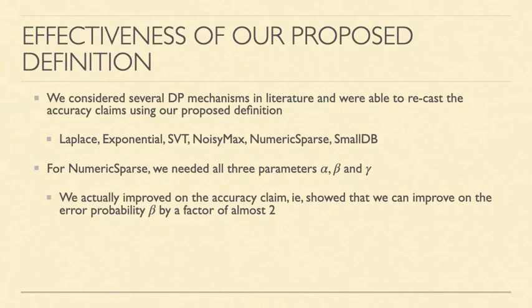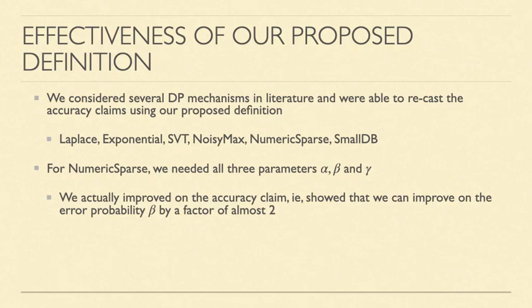Okay. And in fact what we did was we looked at several DP mechanisms and were able to show that the known individual accuracy claims for these mechanisms can be recast using our proposed definition. So what we looked at was Laplace mechanism, exponential mechanism, SVT, noisy max, numeric sparse, and smalldb.